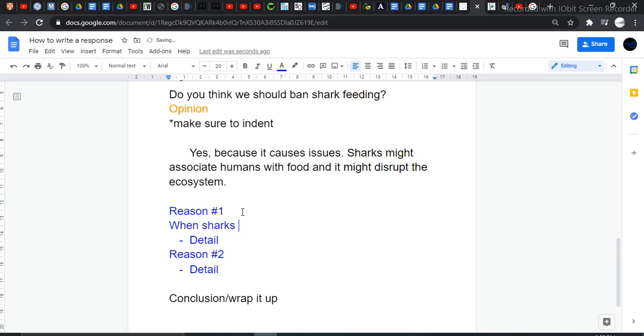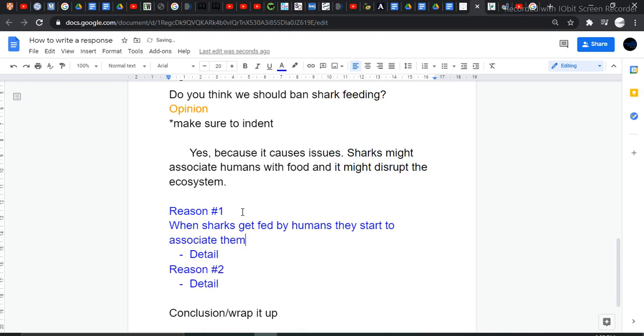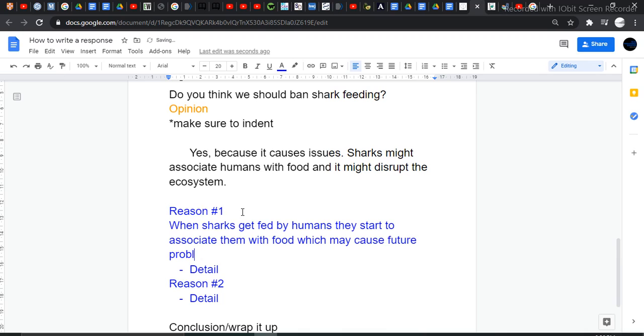When sharks get fed by humans, they start to associate them with food, which may cause future problems.